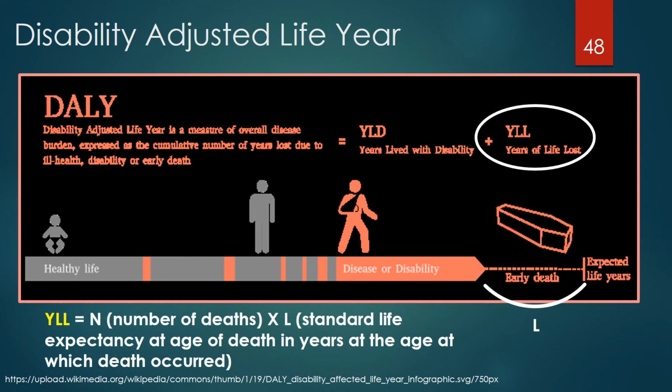The basic formula for YLL is the following for a given cause, age, and sex. YLL equals N times L, where N equals the number of deaths due to a disease, L equals standard life expectancy at age of death in years at the age at which death occurred due to this disease in the population.